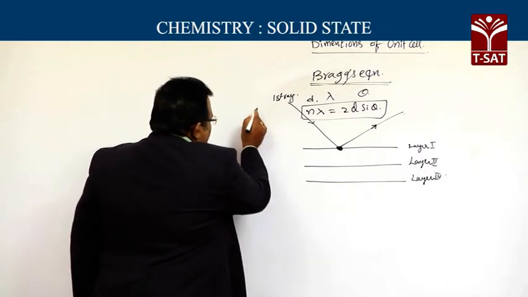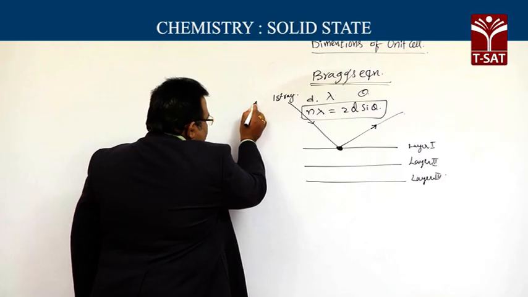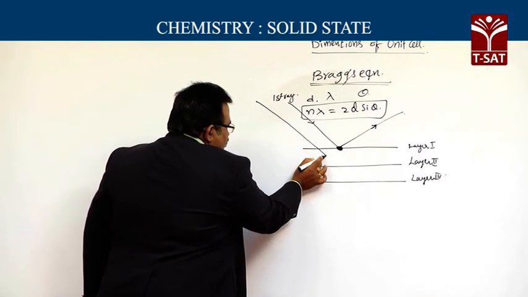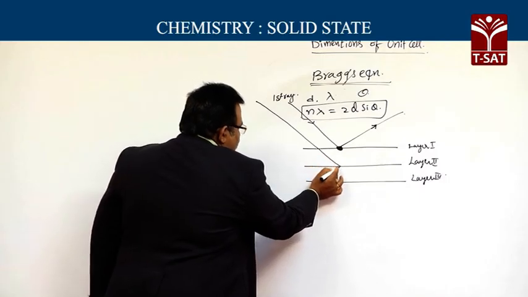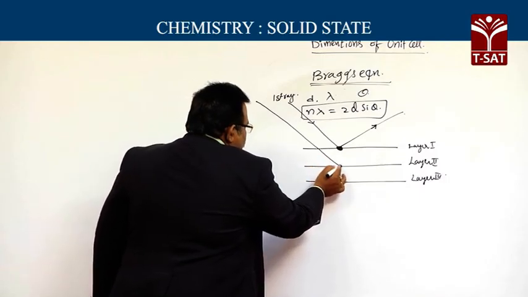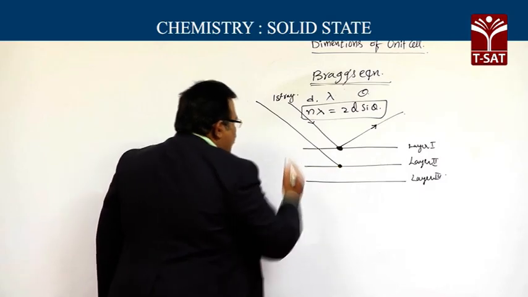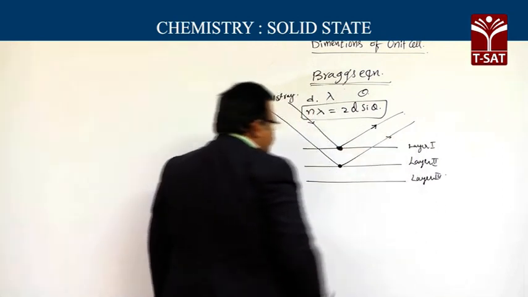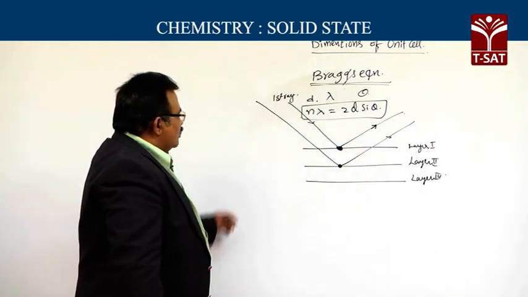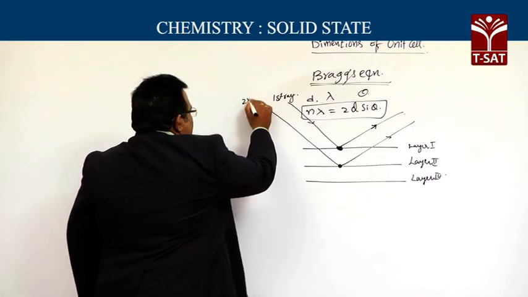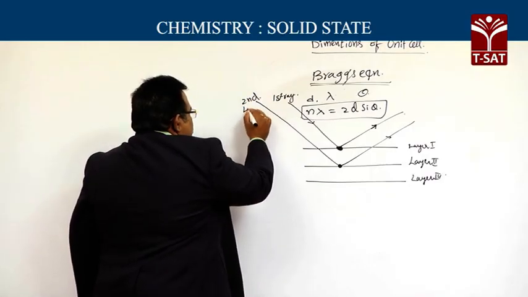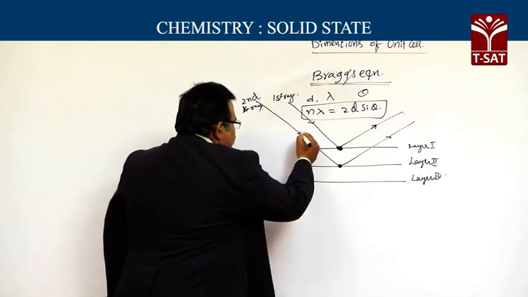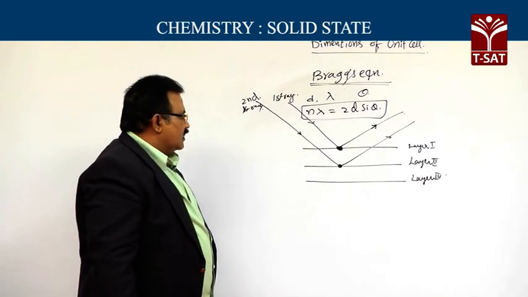Consider the second X-ray. It passes through the first layer, strikes another point of the second layer, and is diffracted in this way. This is the direction of the path.